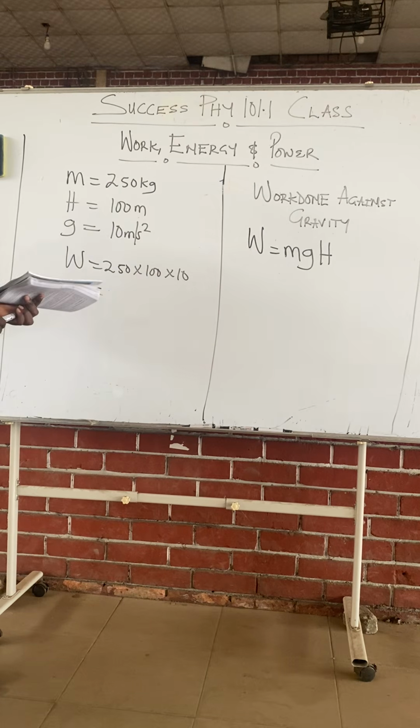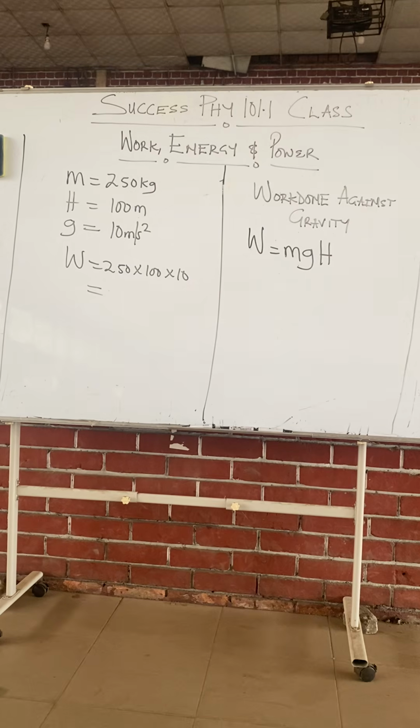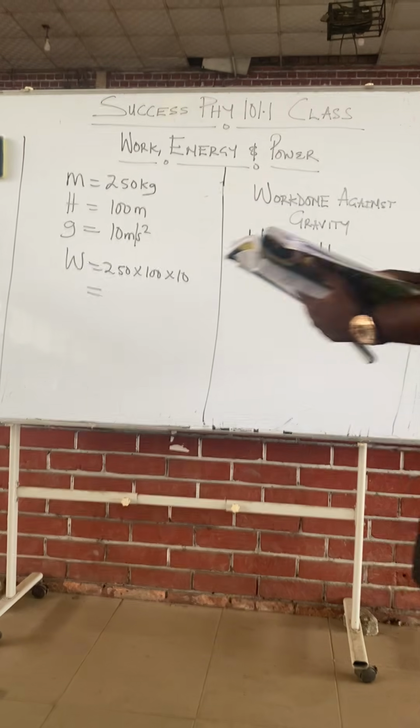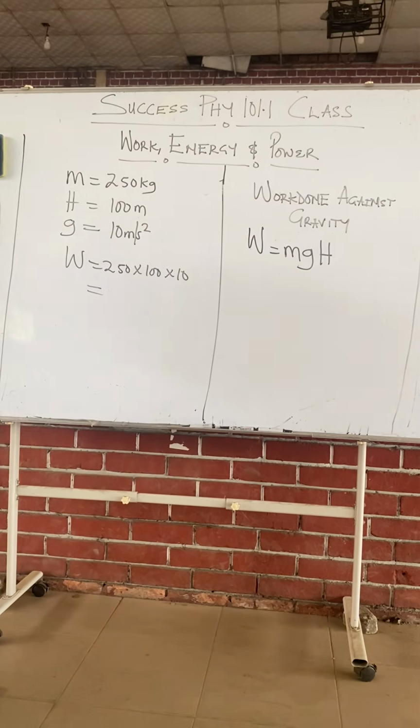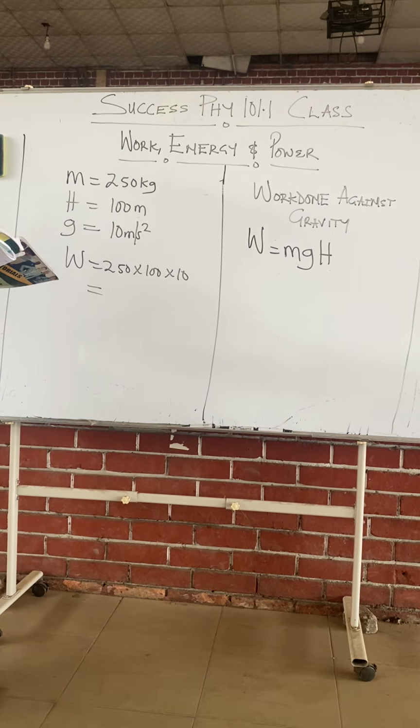Class, work done is measured in joules. 250 multiplied by 100 multiplied by 10, what would that give us? 250,000 joules. Yes, 250,000 joules. Correct.